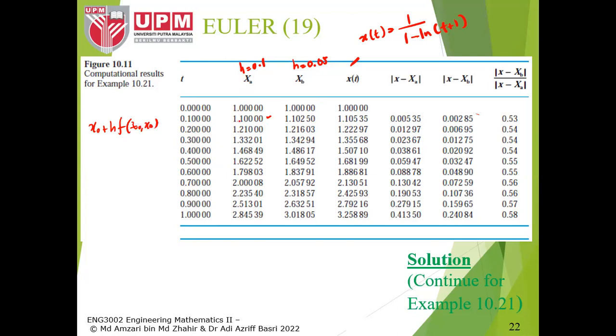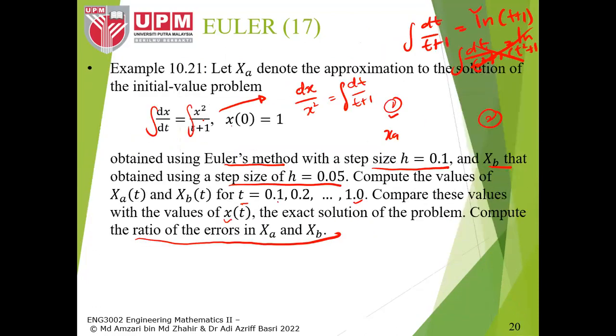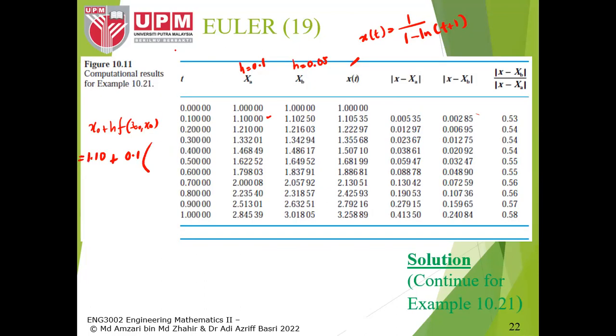So in order to calculate this, what is your X node? X node is 1.10. Plus what is your h? h is 0.1. What is the function? The function is based on dx dt. Just now, your dx dt is x squared divided by t plus 1.